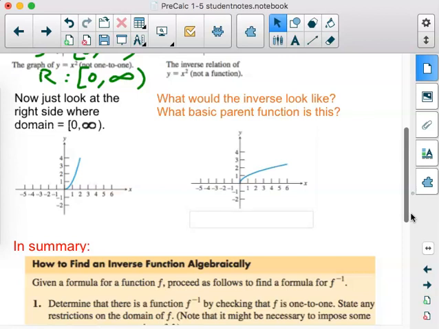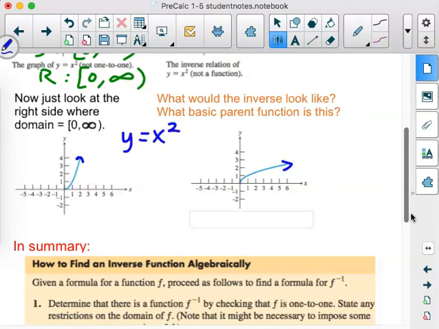And if we put the arrows on here, we will recognize that graph because it's the inverse of squaring, which is square root. We'd switch the x and the y, and then we'd take the positive and negative square root.